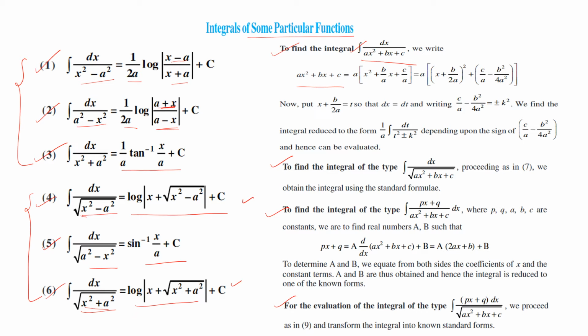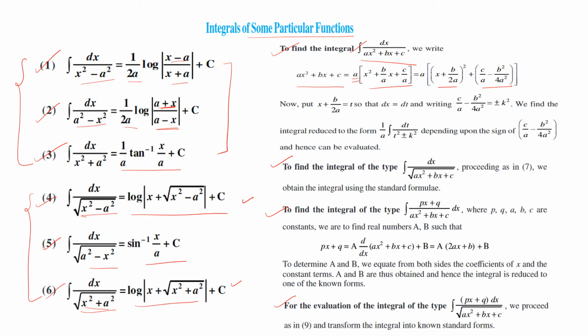Make your x square free from any coefficient, so it will be x square plus b upon a x plus c upon a, then add the square of half the coefficient of x, and subtract it. So you will get it in the form of (x plus b upon 2a) whole square plus another term, which we derived while solving the quadratic formula. Then you will definitely get one of the three forms, and the useful formula will be utilized.